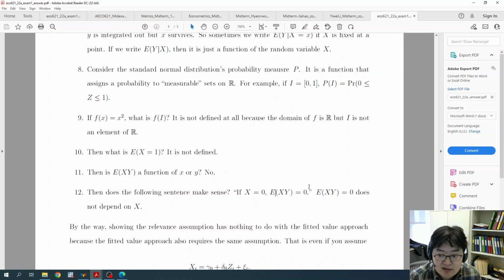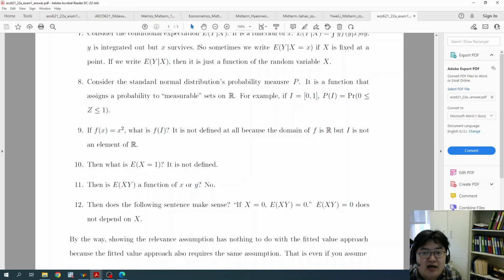Makes no sense because x does not change this guy at all. This is just a different constant, an independent constant, regardless of x, right? So no matter what x takes, it does not change. So that's the problem. Then let me look at your answers.